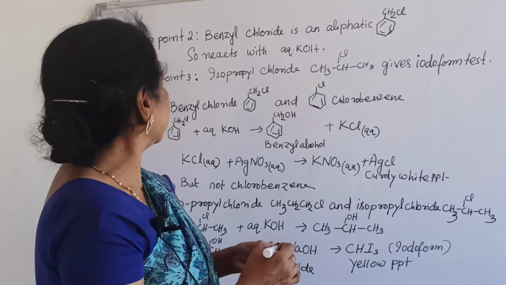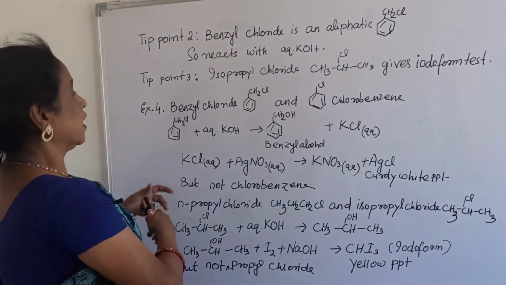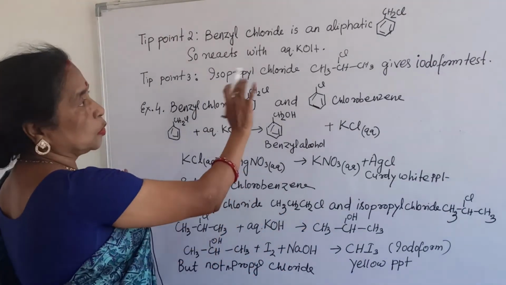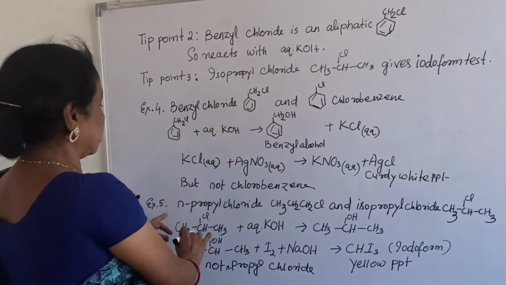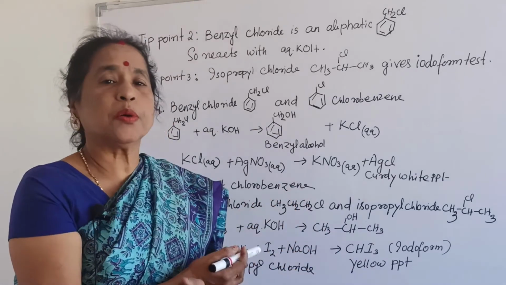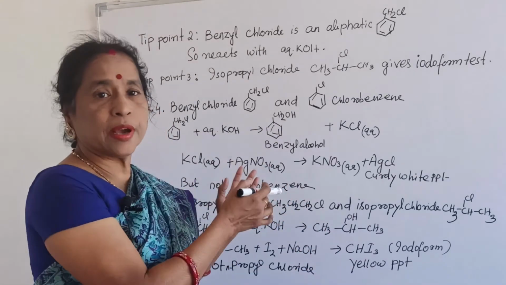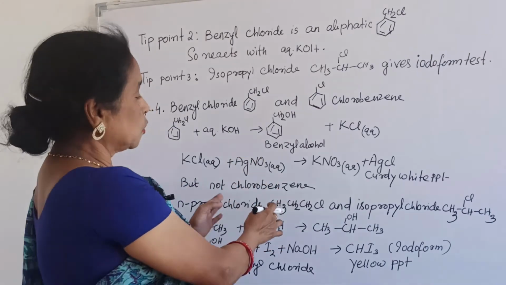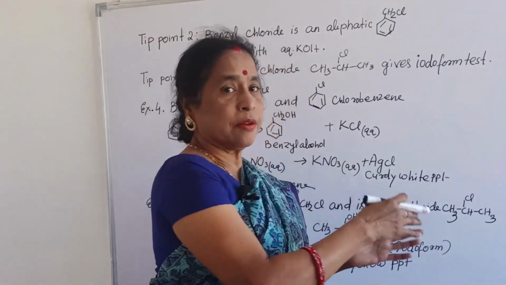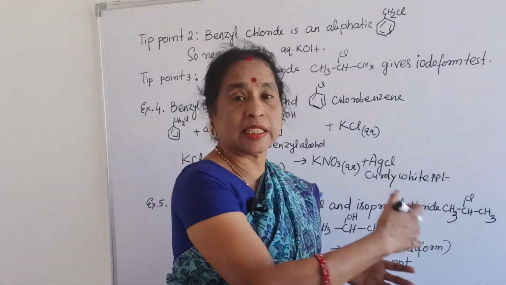So here, benzyl chloride gives the same test, a curdy precipitate, but not chlorobenzene. And the second question, propyl chloride and isopropyl chloride. In propyl chloride the carbon attached to chlorine is primary, and in isopropyl chloride it is secondary.